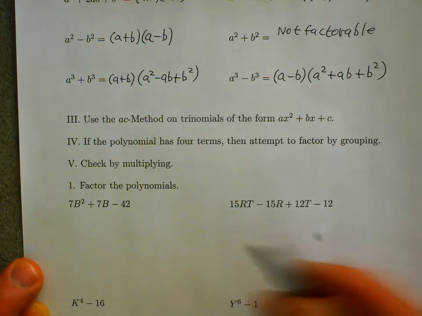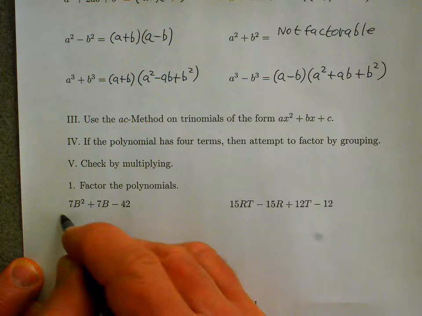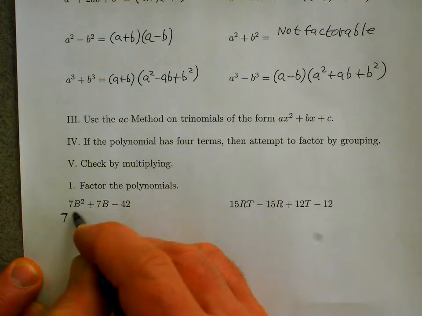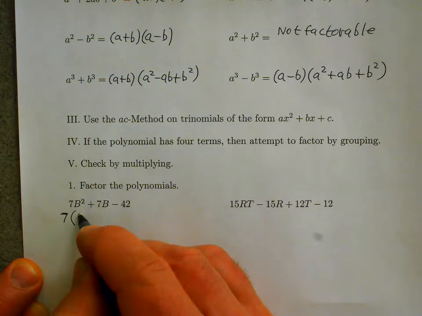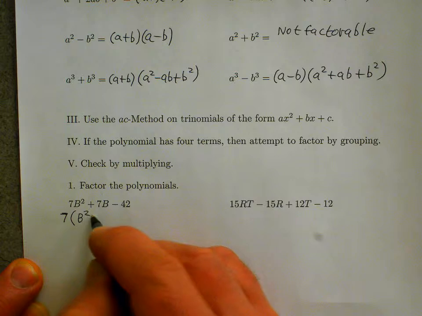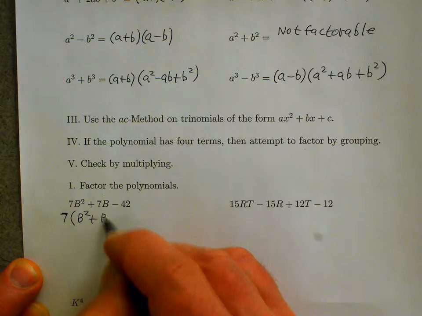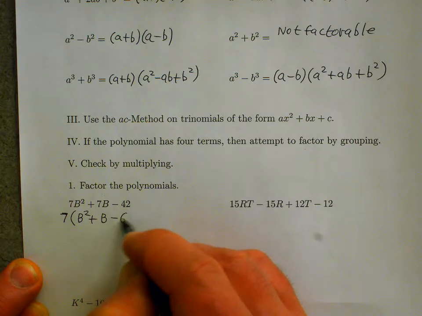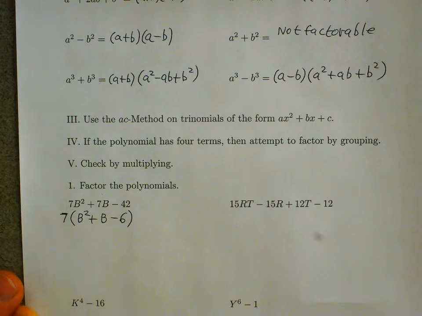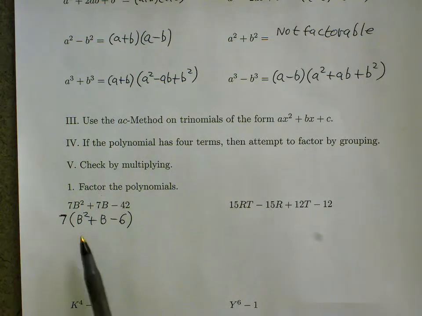So we should factor 7 out first. So we get 7 times the quantity b squared plus 1b minus 6. And then we want to see if we can factor the trinomial b squared plus 1b minus 6.